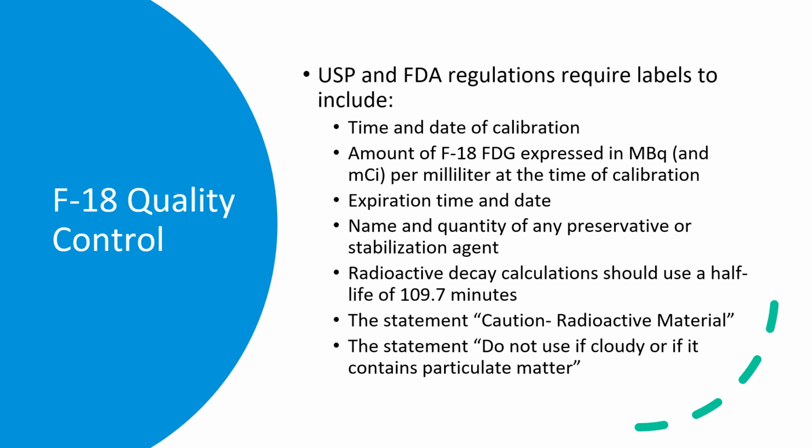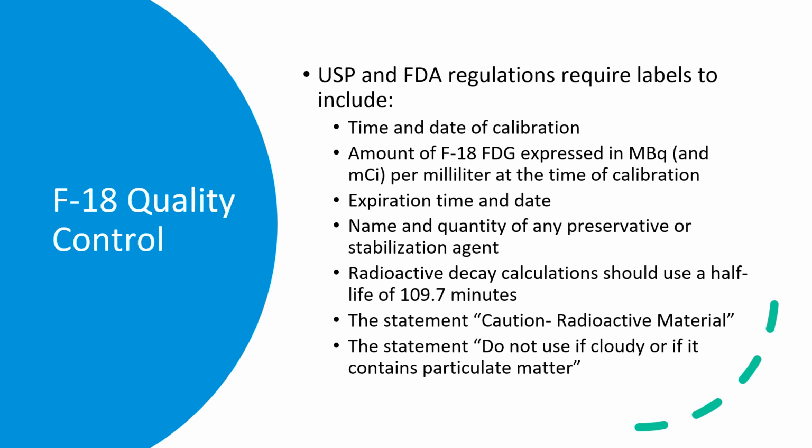Now, the USP and the FDA regulate the production of FDG, and the regulations required for the labels include the time and date of calibration, the amount of FDG as expressed in megabecquerels or millicuries per milliliter at the time it was calibrated, the expiration time and the date, the name and quantity of any preservative or stabilizing agent that was used.